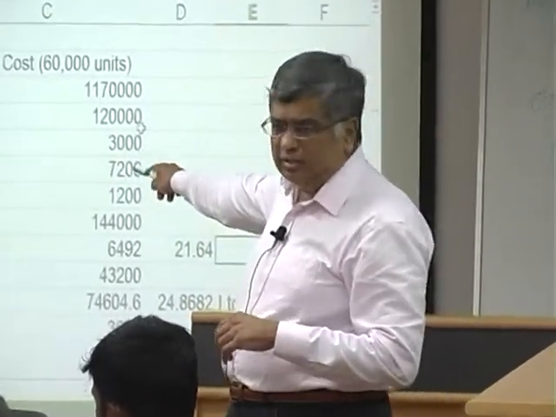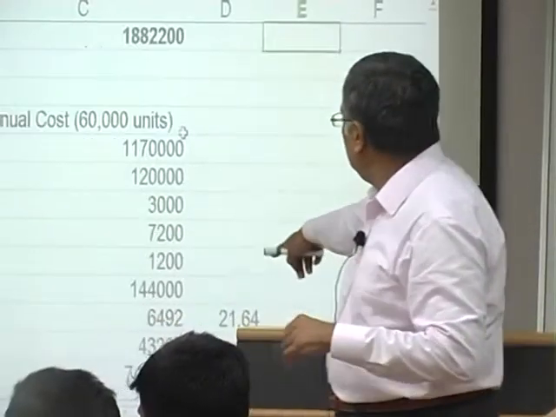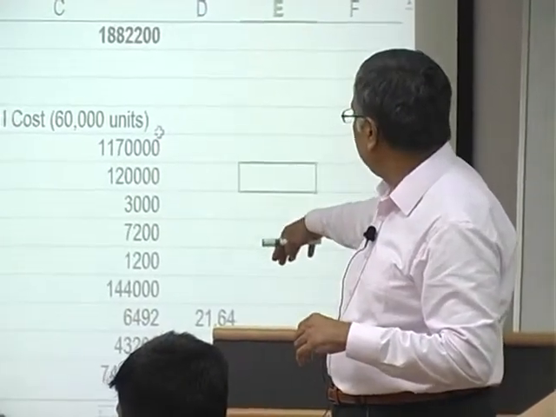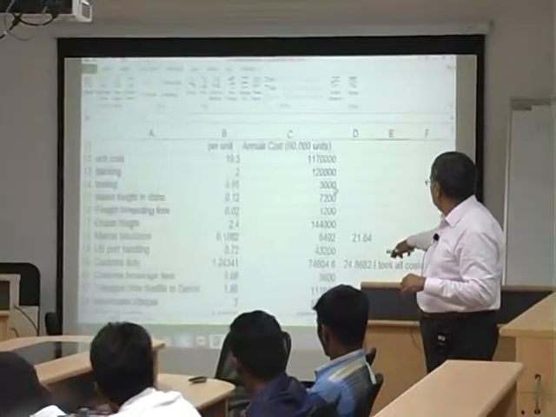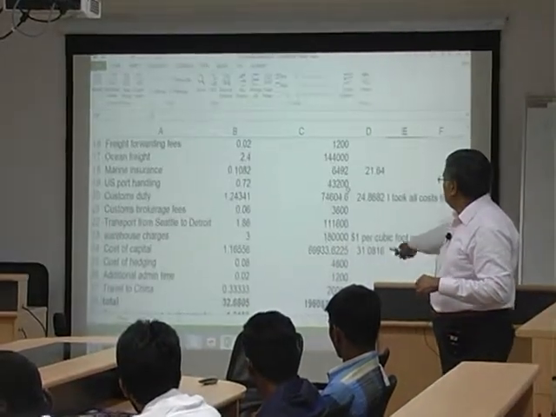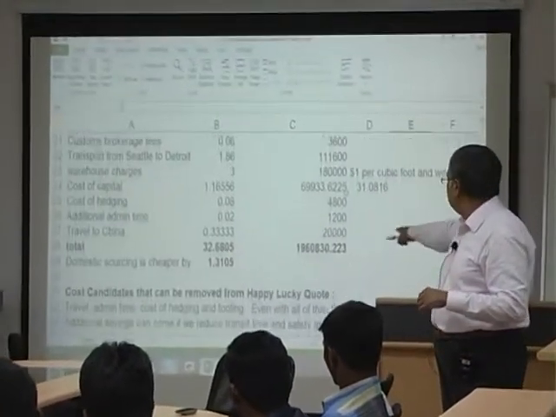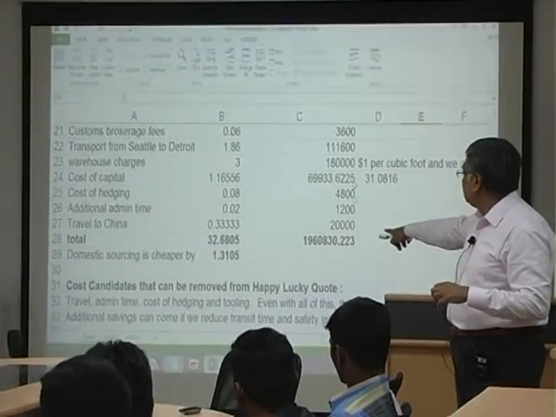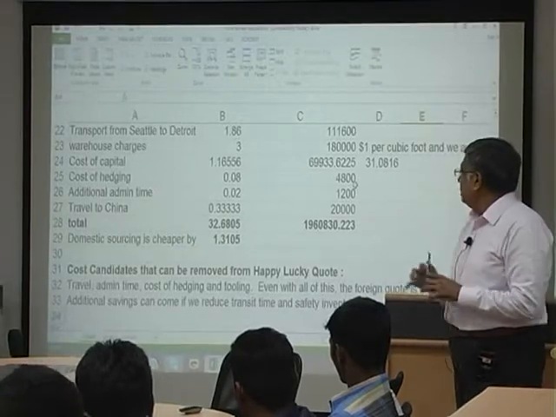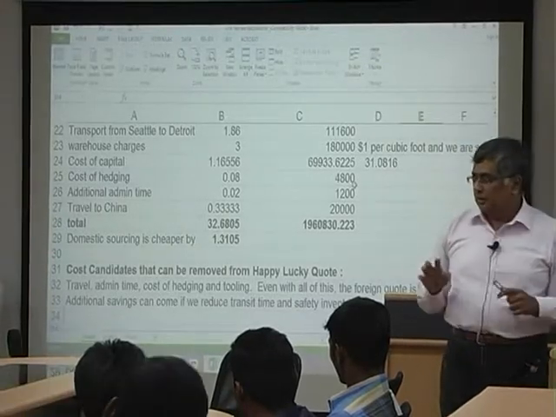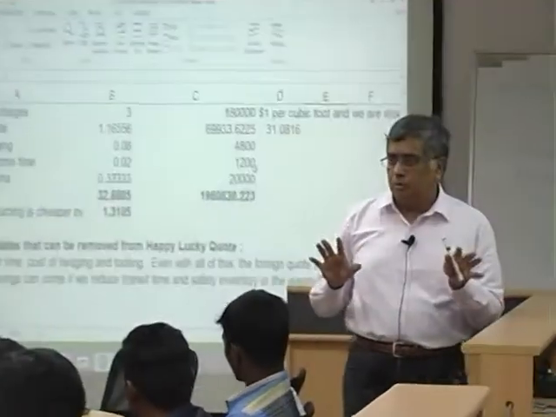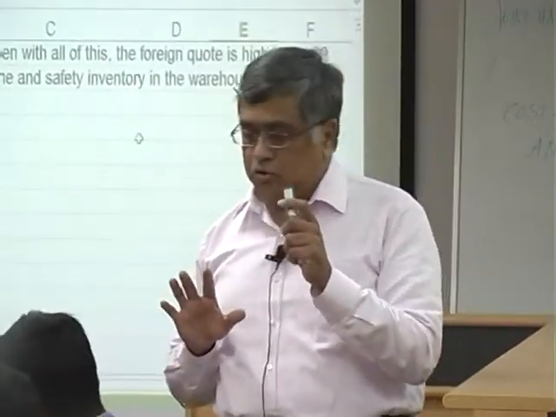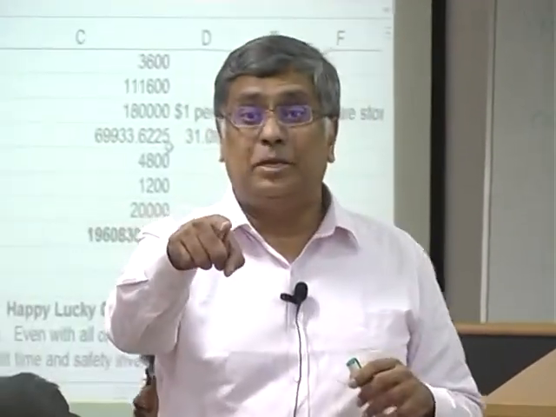If you go down a little bit, you can see the total cost. You see the total cost for the foreign source, and then you see the total annual cost for that. In this case, the domestic sourcing is cheaper by $1.31. Okay, gives you an example of the cost. Can we go back to the presentation?